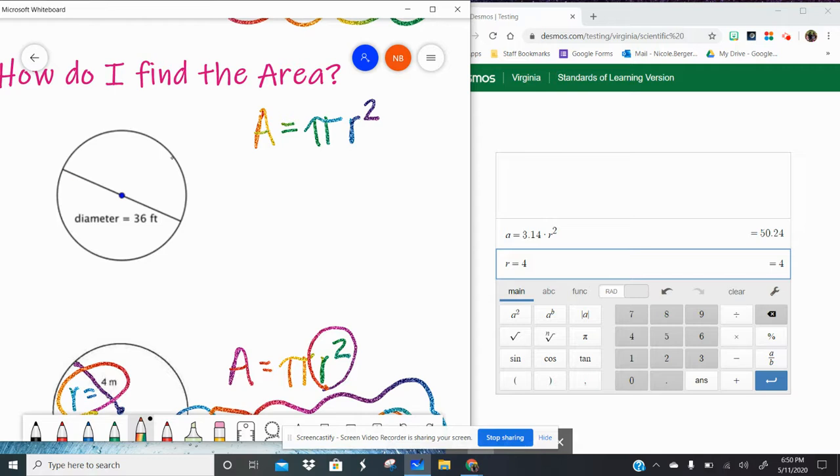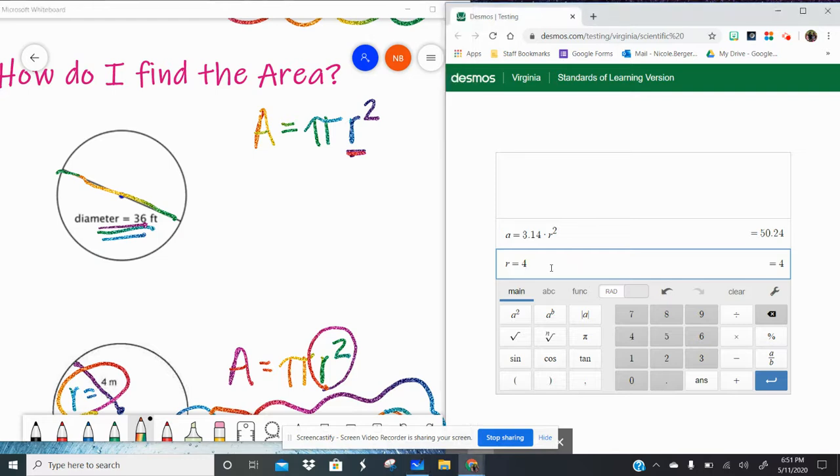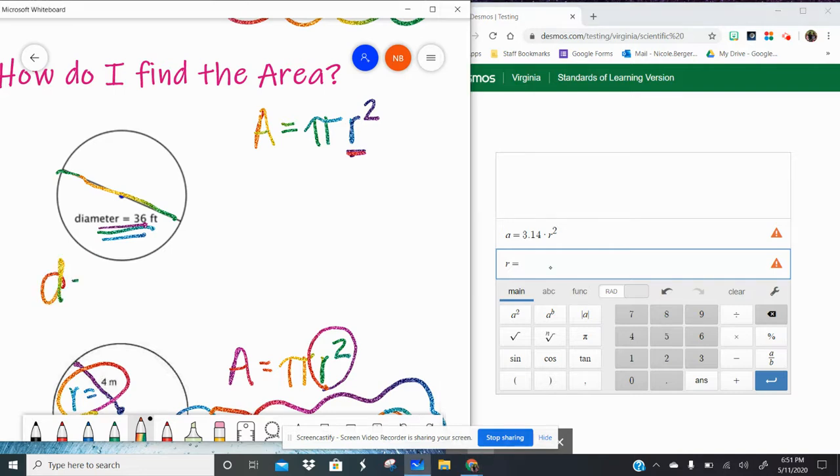But what if they give you the diameter? You cannot use this number for r, right? That's the diameter. We have to use the radius. So if I keep my formula there in my Desmos calculator, we learned at the beginning of the video that the diameter is 2 times the radius, or the radius is diameter divided by 2. From here to here, there's one radius, and from here to here, here's another.